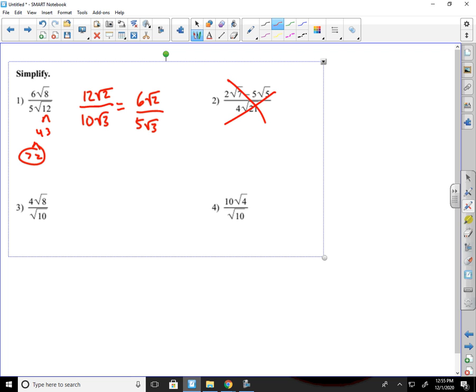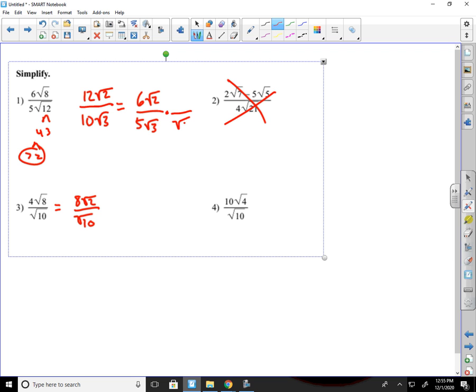Number 2, I said you didn't have to do. Number 3, if I simplify the top first, 8 breaks down to 4 and 2. Bring the 2 out in front. It gives me 8 root 2 over root 10. Now I have to rationalize my denominator here. Oh crap, I forgot to do that up top.